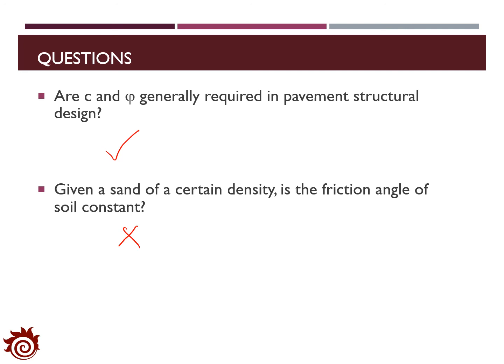The soil contents are related to the grain size distribution, which is related to the percentage of different sizes of particles inside the soil. So if the contents of the soil are different, then the friction angle can be very different.